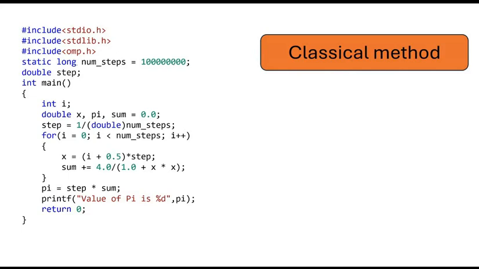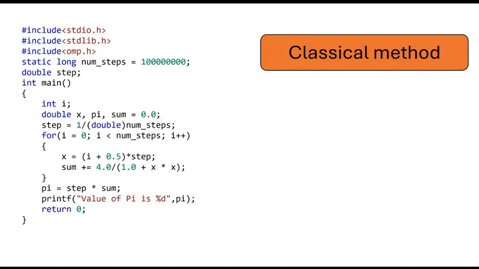So that's why I need to use long instead of int. Then we have double step. I'm defining variables. And then we go to int main. Inside the main function, we have i. We're defining i. Now I've defined the variable sum equal to 0.0.